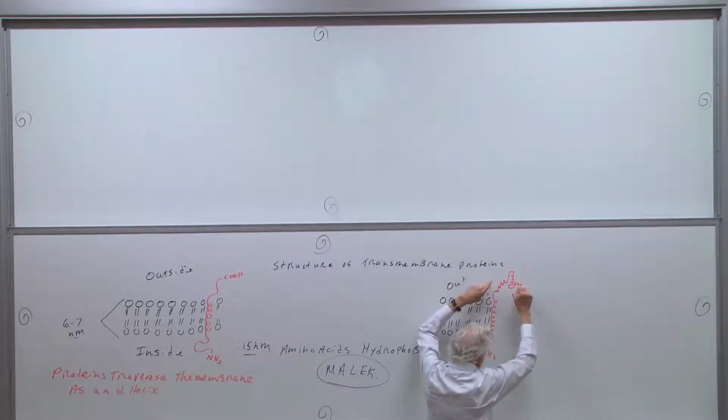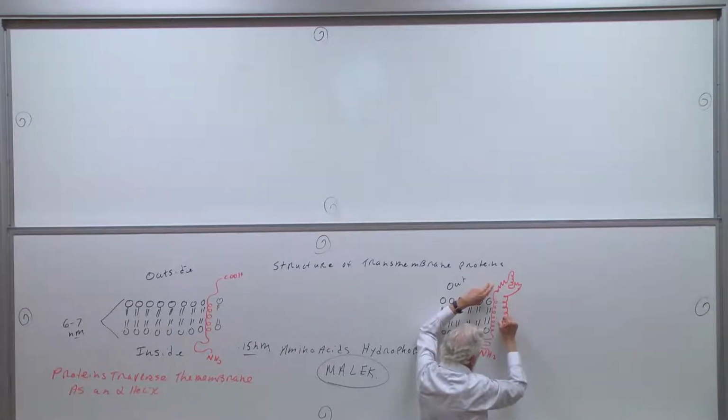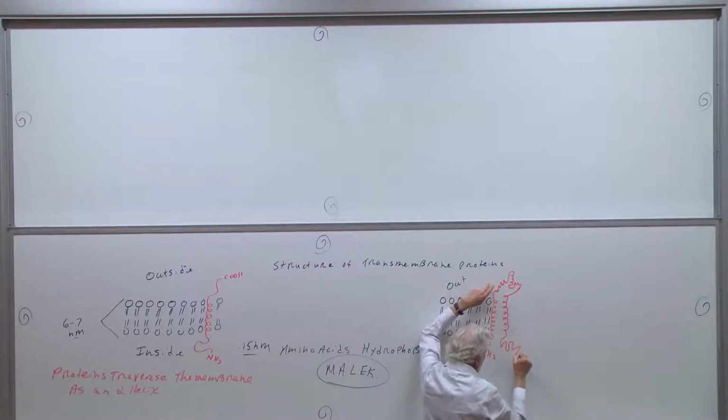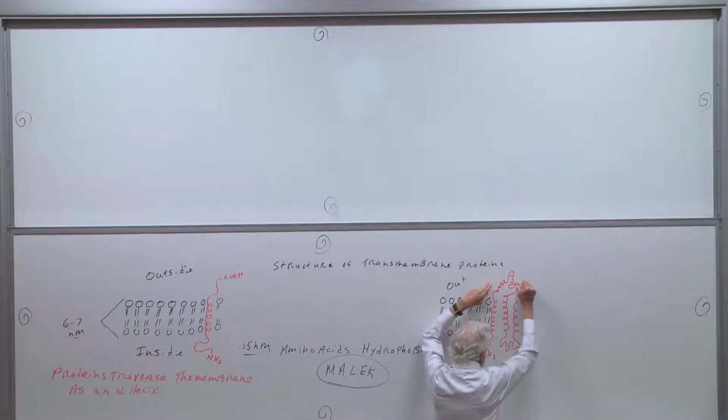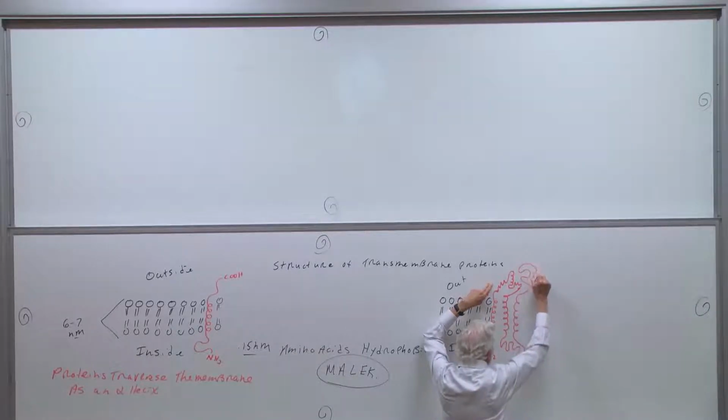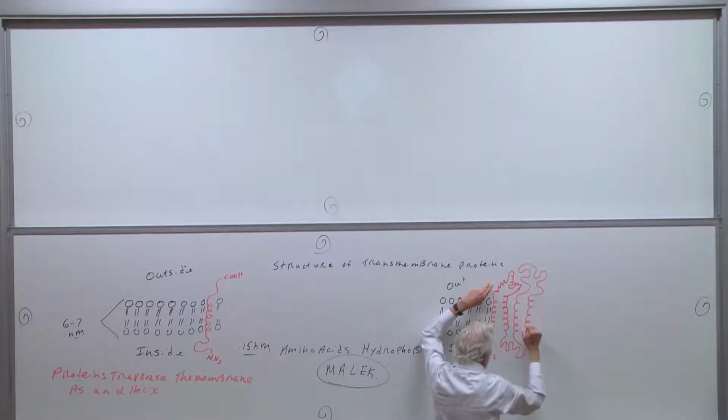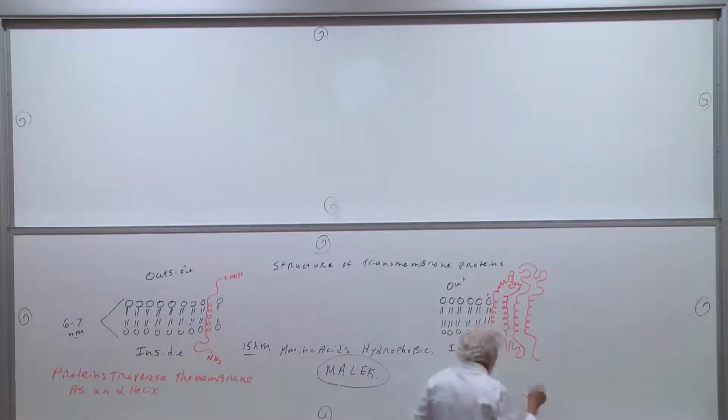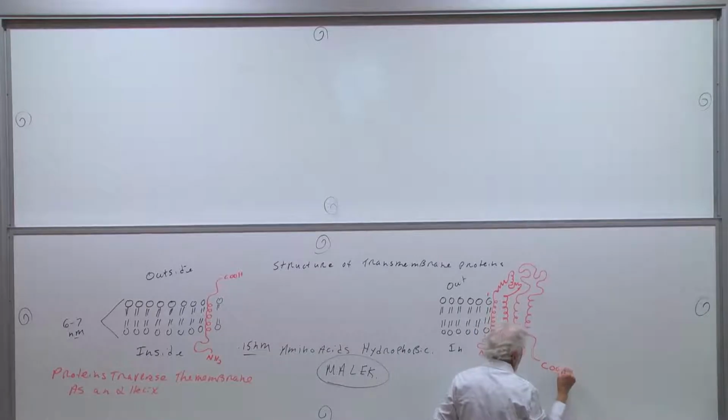But then this protein will take a turn. It will then run another alpha helix across the membrane. There'll be a cytoplasmic region in here, another alpha helix, an extracellular region out here, and now I'm going to show this as a fourth spanning region, and down here is the carboxy terminus.